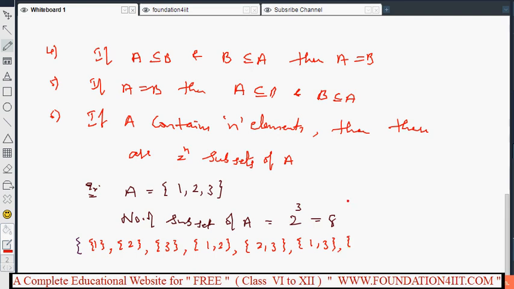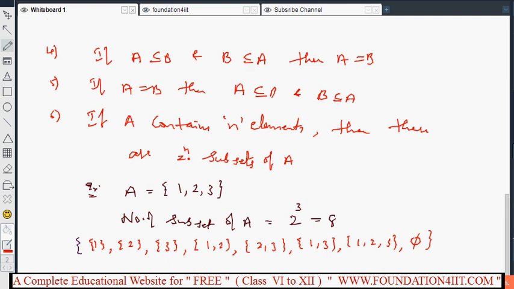Again, the first point we have seen: every set is a subset of itself, so {1, 2, 3}, and the null set is also a subset of every set. So finally 1, 2, 3, 4, 5, 6, 7, 8. So there are 8 possible subsets according to the number of elements.